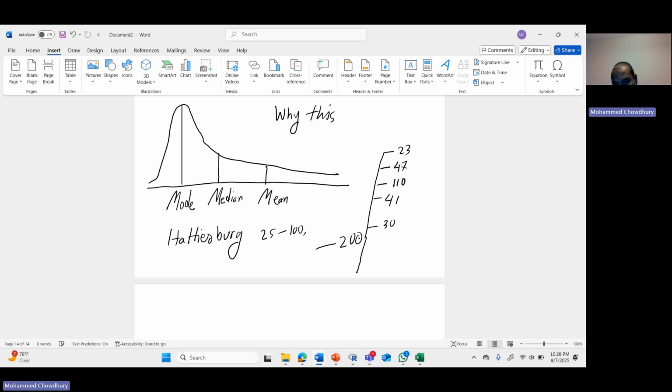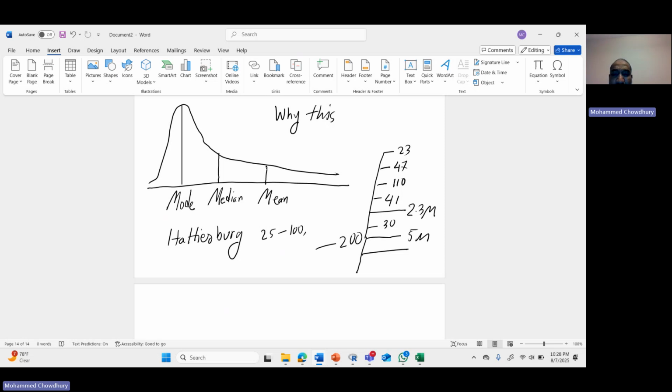But in such 200 data points, suppose 2 or 3 people are included who are making 2.3 million and one is making 5 million. So out of 200 data points, 10 or 15 data points have a very high value. Because of this high value, the mean is dragged to the right, that means the mean value increases.